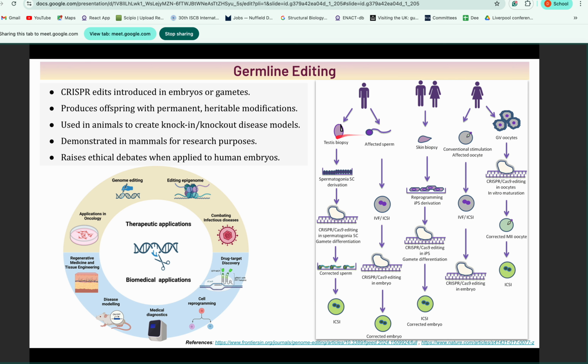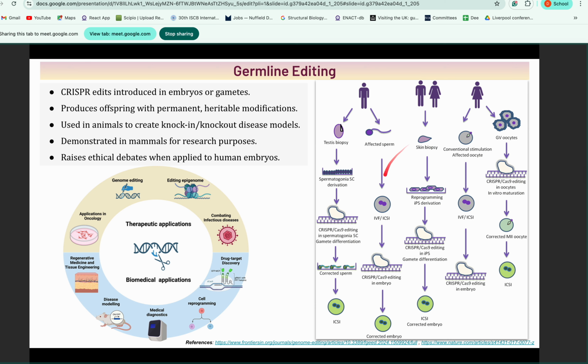And in this case, these are the different cells which are mentioned at the germline. So how we can obtain the testis biopsy, then we can obtain the spermatogonia, SSC stem cell derivations, and then CRISPR-Cas9 editing in spermatogonial stem cells, gamete differentiation, corrected sperms, and then ultimately we will be able to correct the genes at the level of germline.